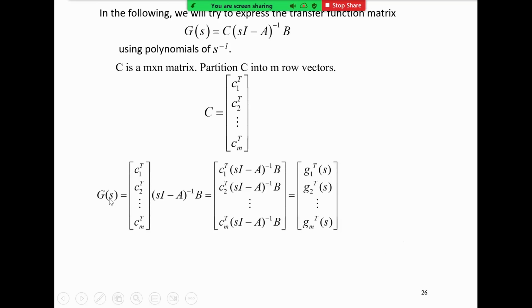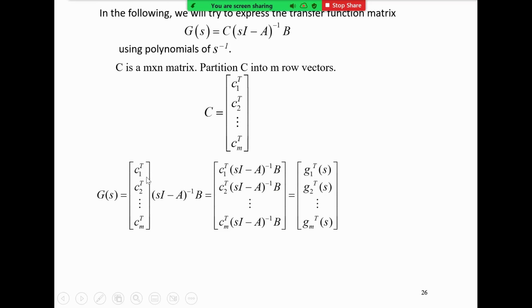Then G can be broken down into rows. Each row can be written with the individual C vectors, for example C1 transpose times SI minus A inverse times B, and similarly for the others.